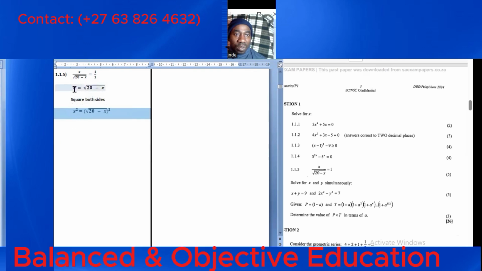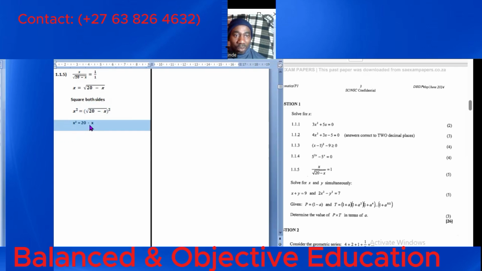So x squared, if you square x, you will have x squared. Then if you square the square root of 20 minus x, this is what you will have. So what this square does is to remove the square root. Very simple, and it will make your life easier. So this square root is removed now. You have 20 minus x on the right-hand side.